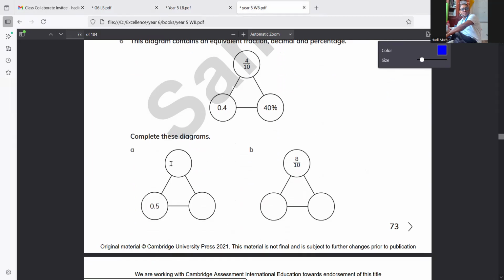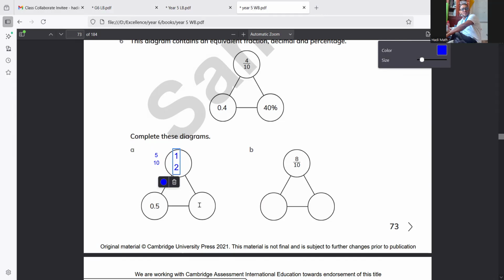To make it a fraction, you just put it over 10, since 5 is one digit, so it's going to be 5 over 10. When we say 5 over 10, immediately put in your mind that you need to simplify. When you simplify, you divide up and down by the same number. You divide both of them by 5. 5 divided by 5 is equal to 1, and 10 divided by 5 is equal to 2. So it will be 1 over 2.